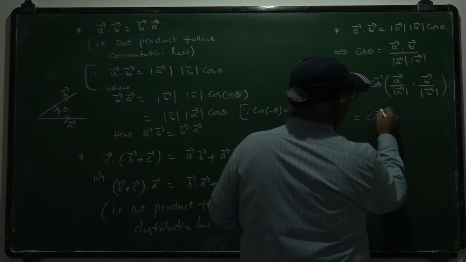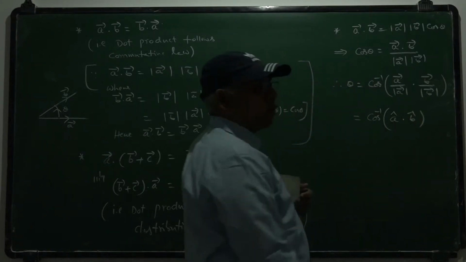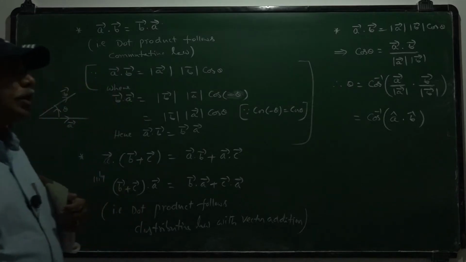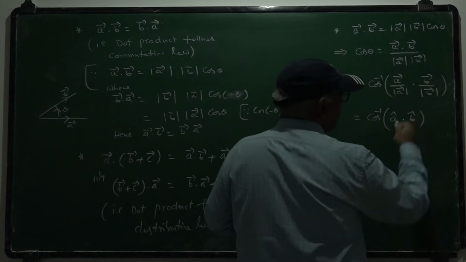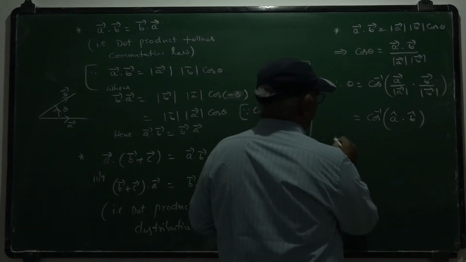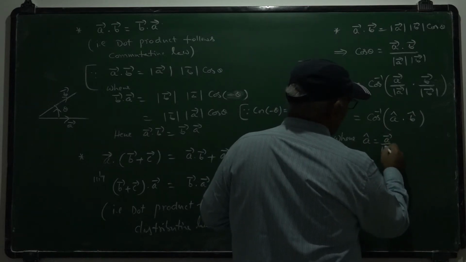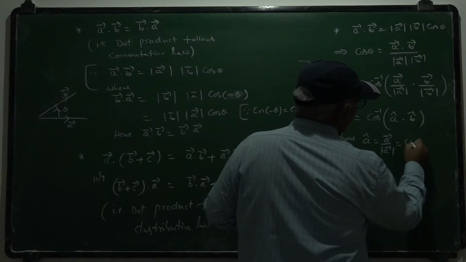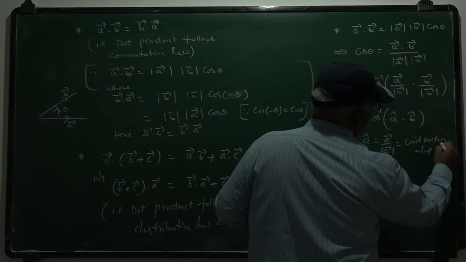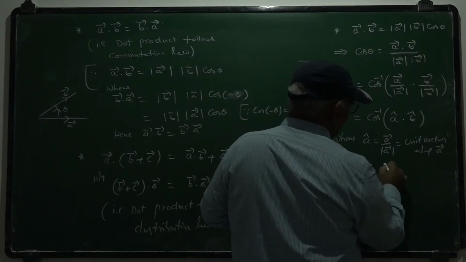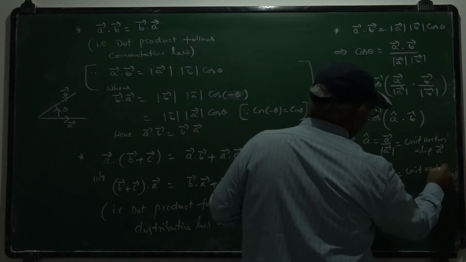So that is cos inverse of A cap dot B cap, where A cap is the unit vector along A bar, B cap is the unit vector along B bar, where A cap is A bar by modulus of A bar, the unit vector along A bar. Similarly, B cap is B bar by modulus of B bar, the unit vector along B bar.